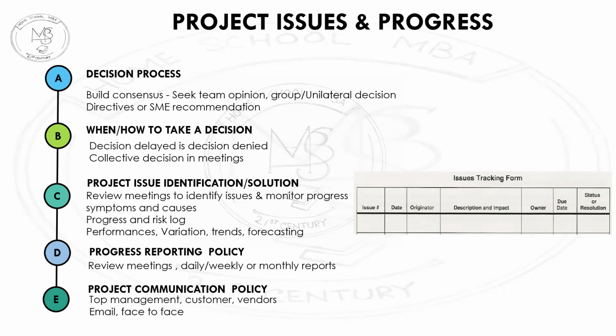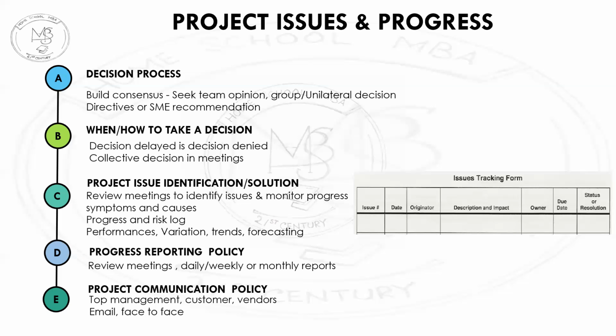Then progress is monitored through various methodologies like review meetings, progress reports, milestoning, phasing, and things like that. It is a very important activity in order to complete the project.